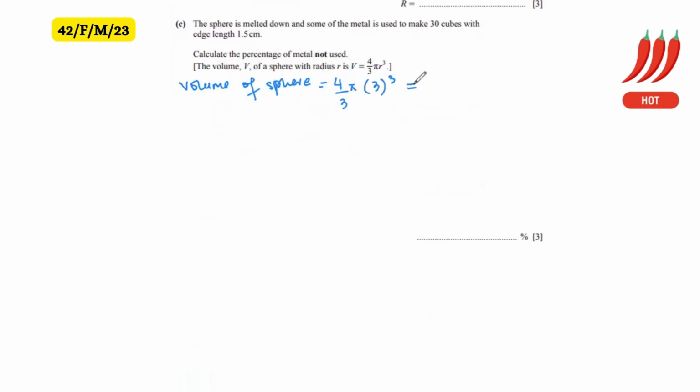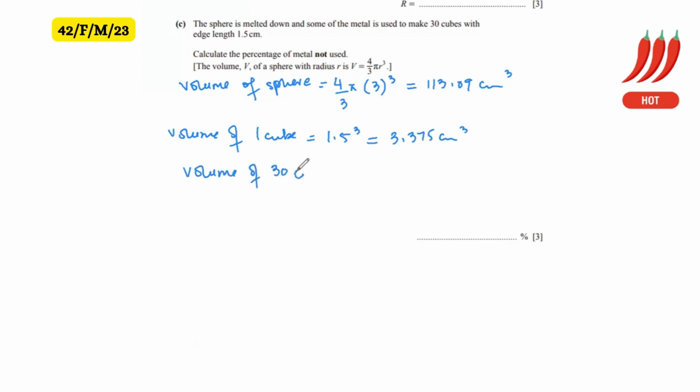So that gives us 113.09 centimeters cubed. So if it makes 30 cubes with edge length of 1.5 centimeters, volume of 1 cube is going to be 1.5 cubed, which equals 3.375 centimeters cubed.